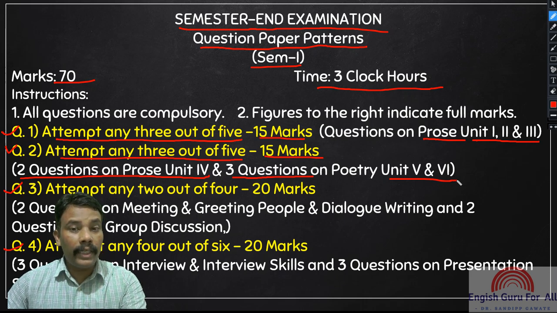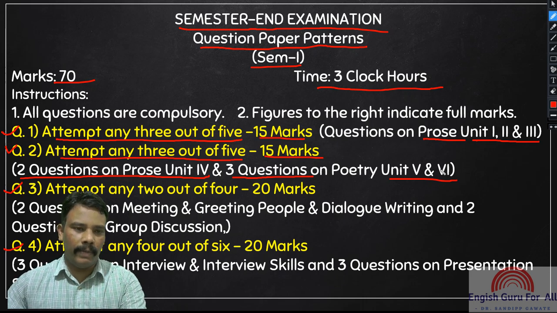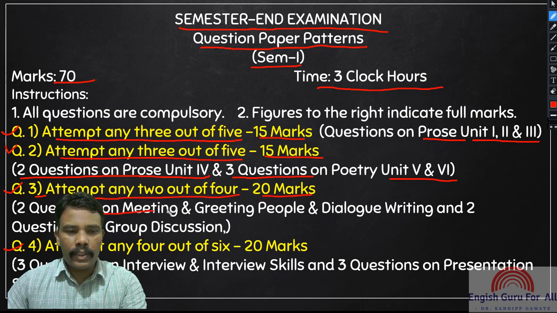Dear students, you need to understand this one. This is very simple: 4 questions will be asked and you need to understand on which part particularly the questions will be asked. Question number 3 is attempt any 2 out of 4. This is for 20 marks, with 2 questions on meeting and greeting people and dialogue writing, and 2 questions on group discussion.